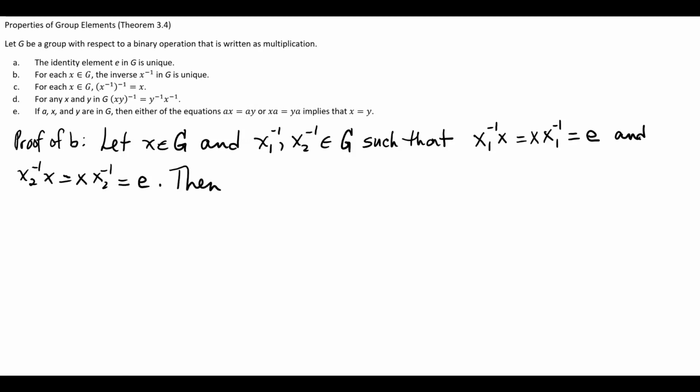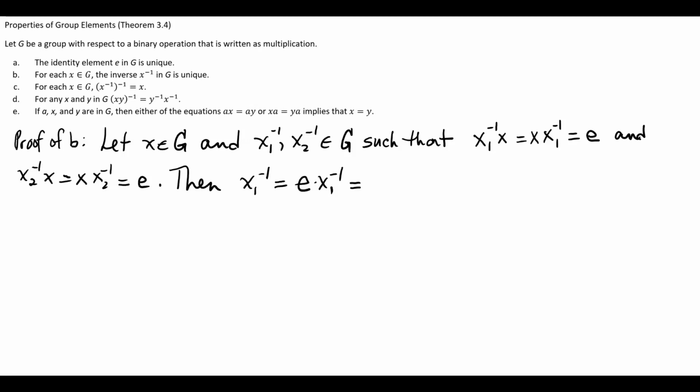So we know that x1 inverse is equal to the identity element e times x1 inverse. Remember, when I multiply inverses, I'm going to get the identity element.